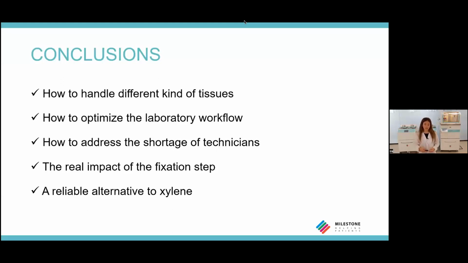Then the fixation and the impact that an incomplete and uncontrolled step has on the final results, and to conclude, the advantages of using isopropanol as a xylene alternative.